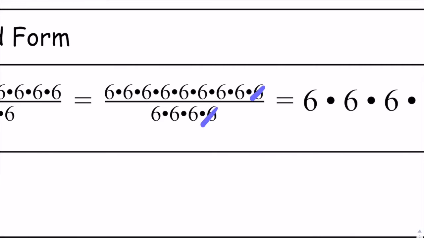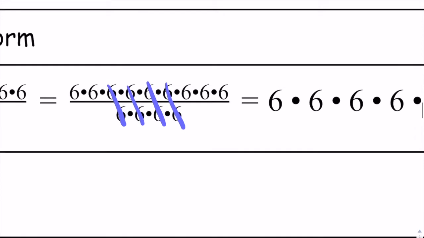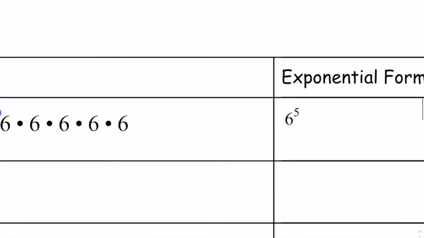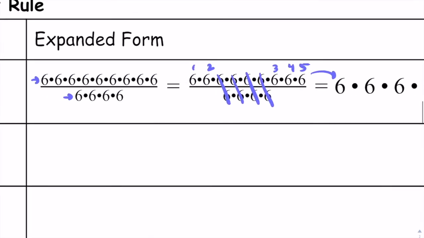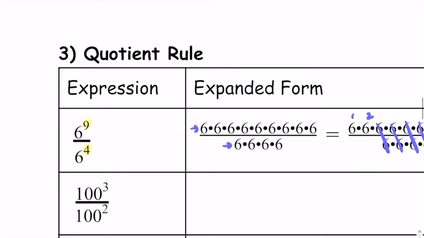So this can be simplified, right? Here, it'll be easier. So these 6s can be simplified. These ones, and these ones. So I'm left with 1, 2, 3, 4, 5 6s. So I just rewrote them here. So in exponential form, that is 6 to the 5th power. Okay, so I have 6 to the 9 over 6 to the 4 is equal to 6 to the 5th.